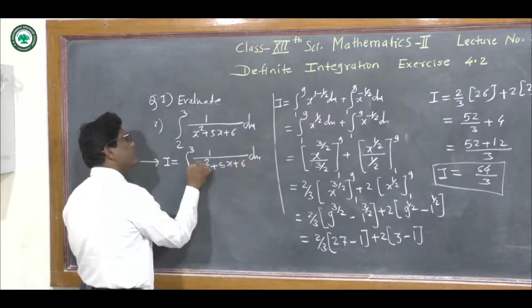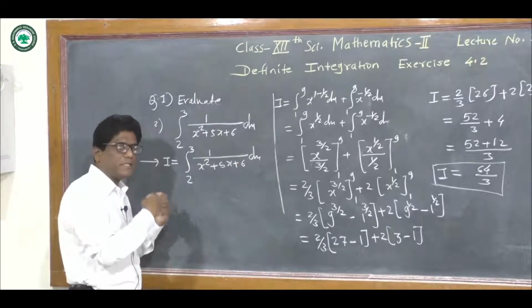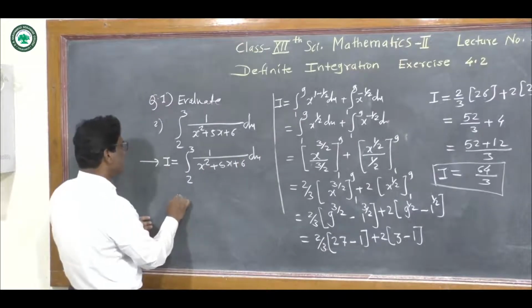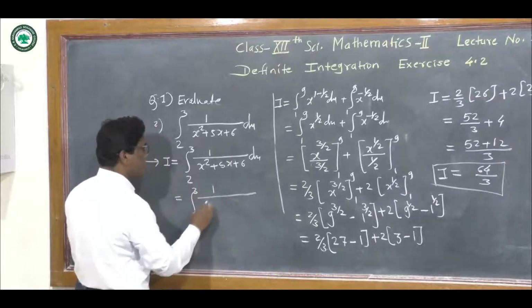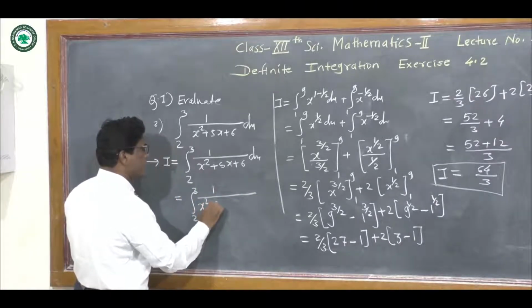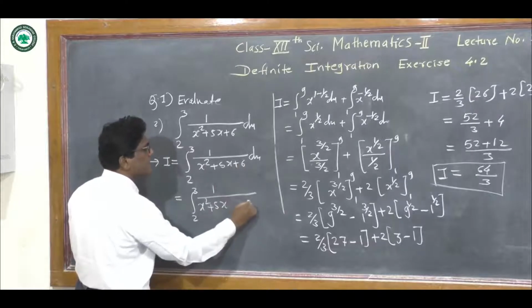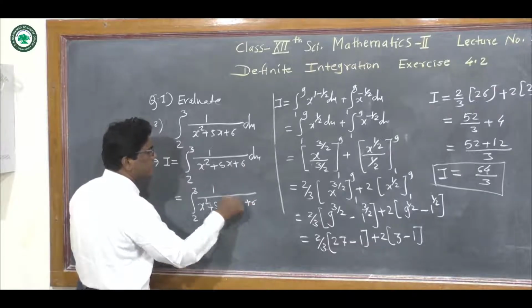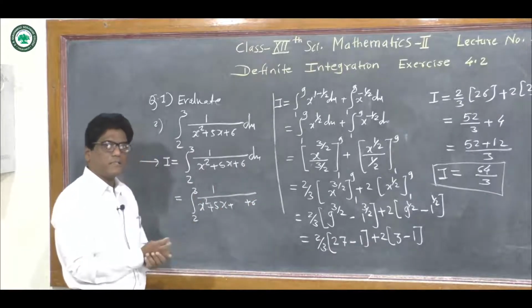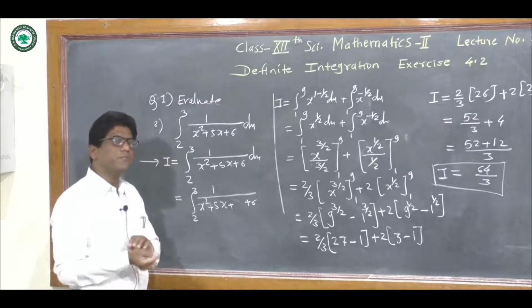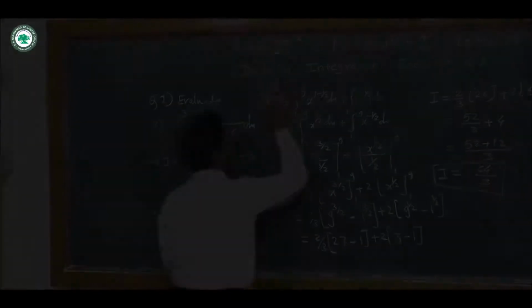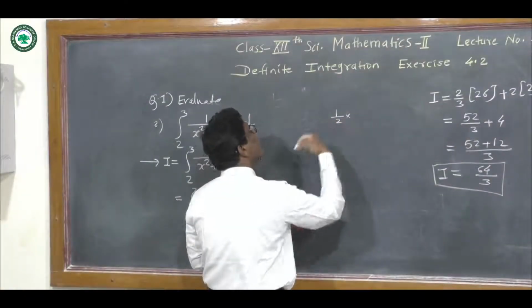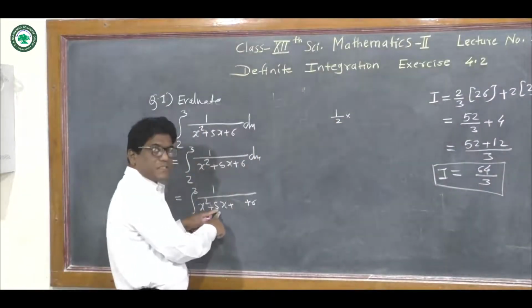Now observe here the coefficient of x square is 1, so directly complete the square. So this is equal to integration 2 to 3, 1 upon, we write this x square as it is plus 5x as it is and plus 6 here, and we have to add here the third term. How do we calculate that third term? Take 1 half into coefficient of x, bracket square. Coefficient of x is here 5.